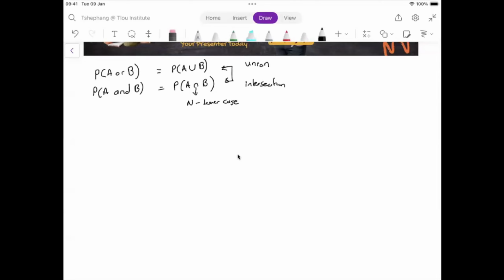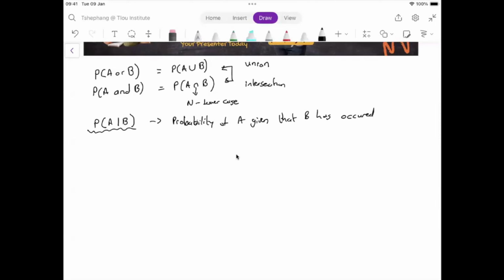Now, there is another one. The probability of A given that B has occurred. I'm going to write it in full for you guys there. That's what the symbol stands for. Are we all together there?